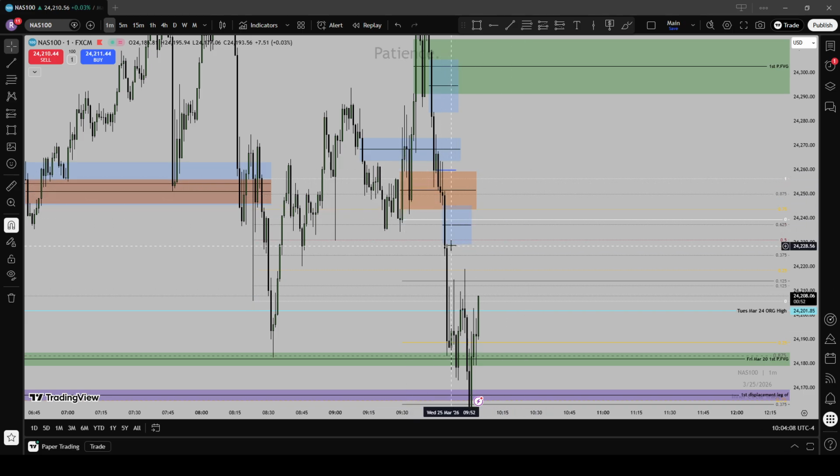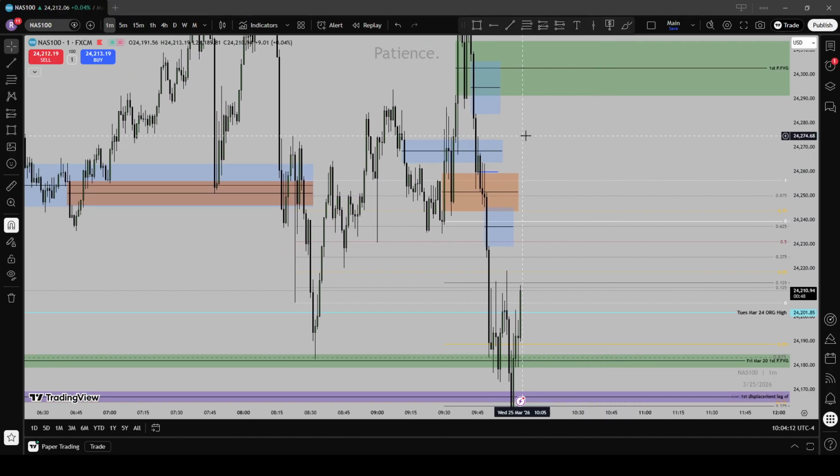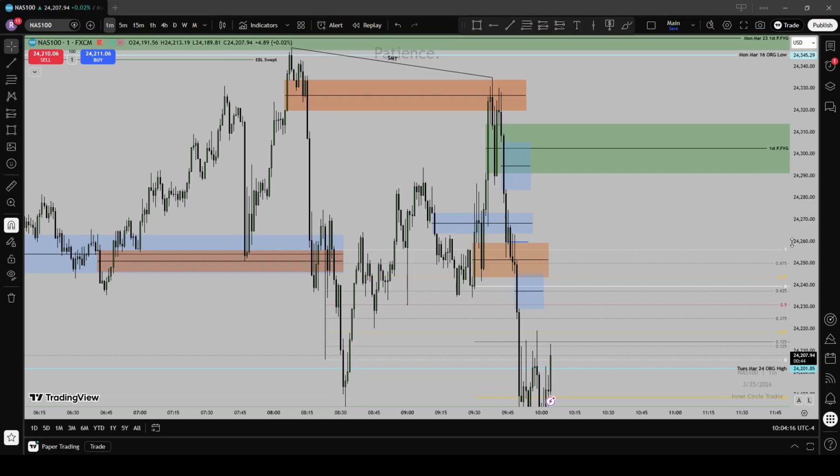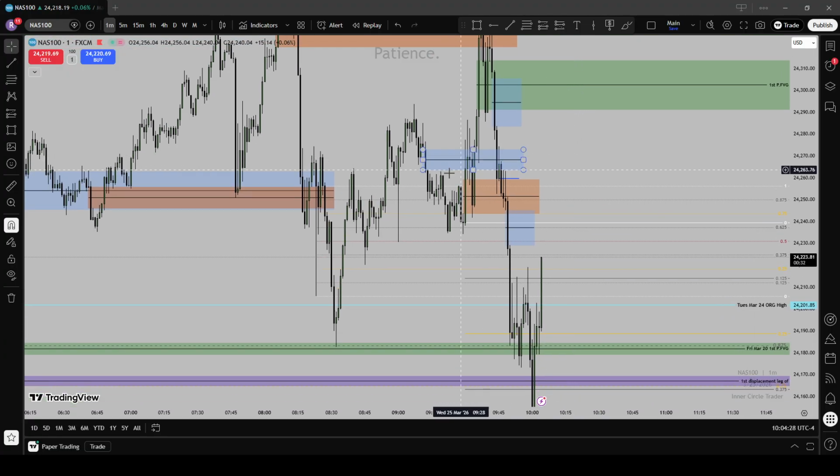Again, I marked this first presented after we left that, but you can even take a trade on both ends from that 5 minute I mentioned, from the buy side to the sell side order block. It's just that easy.